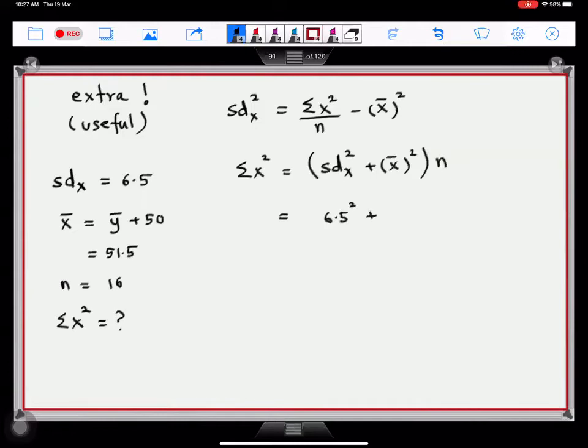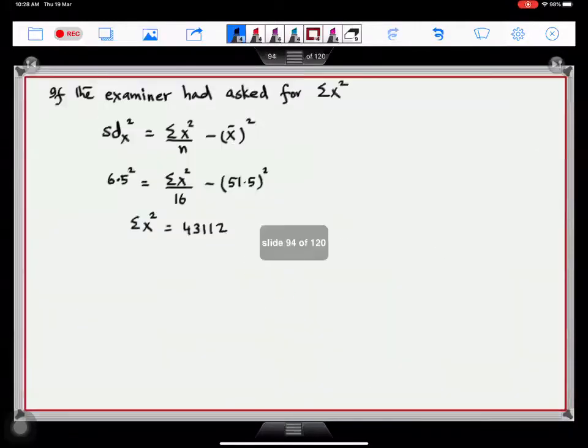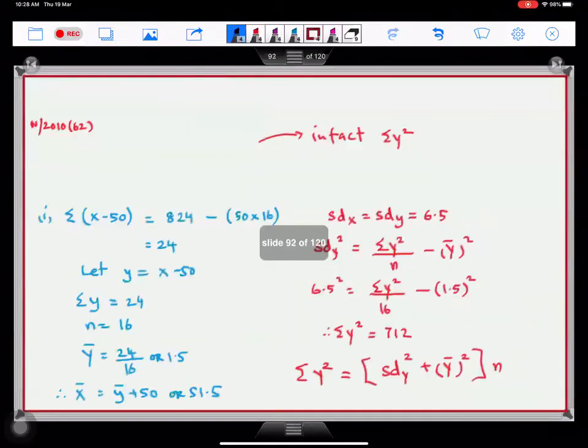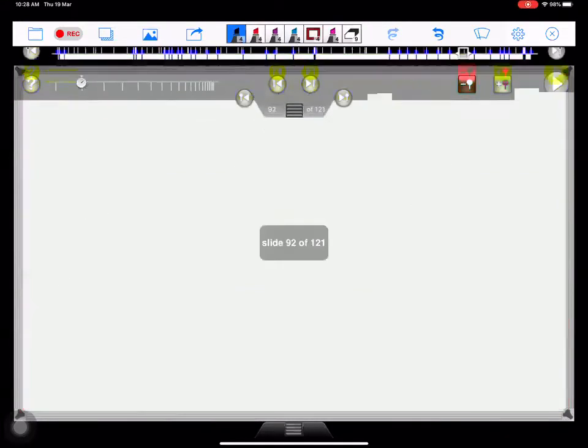X bar is how much? 51.5 square), bracket closed, multiplied by n, which is 16. Let's look at the value of sigma x square, which is 43112. Done.